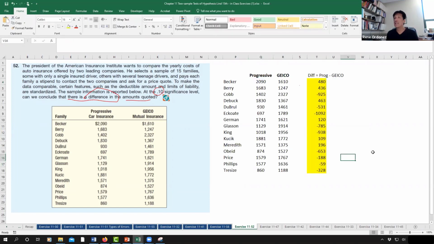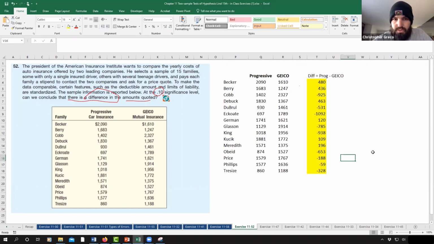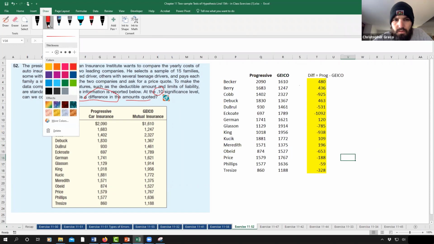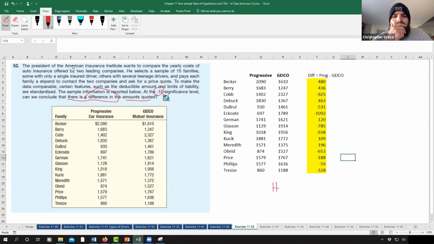So how will you set up the hypotheses? Well, H0 would be it equals, or wait. Yeah, so H0 would be it equals, and H1 would be does not equal. Not equal? Okay, so what's missing here?